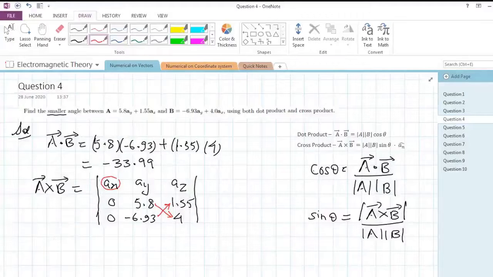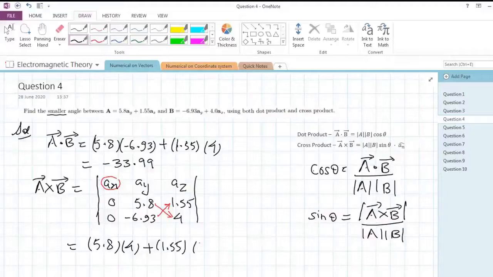In this way, to find the coefficient of AX, we'll multiply 5.8 with 4, then minus, and this minus will become plus because the next term will have a single minus term. So 1.55 multiplied by 6.93, and this complete multiplication and addition corresponds to direction AX.